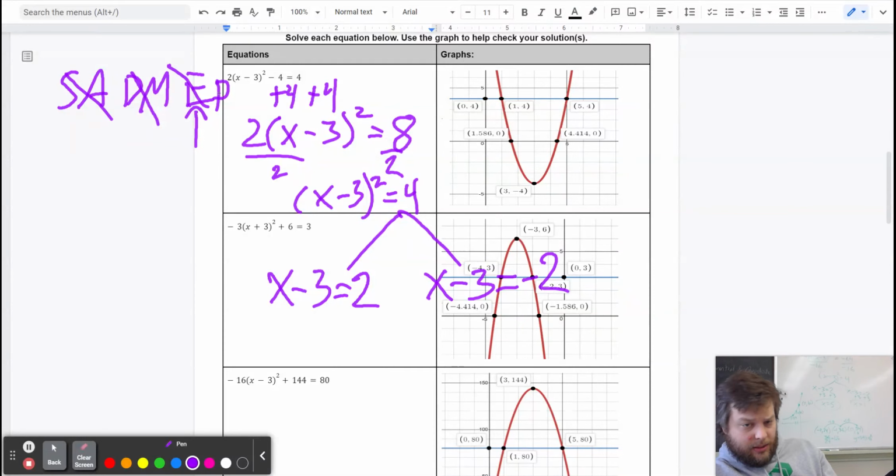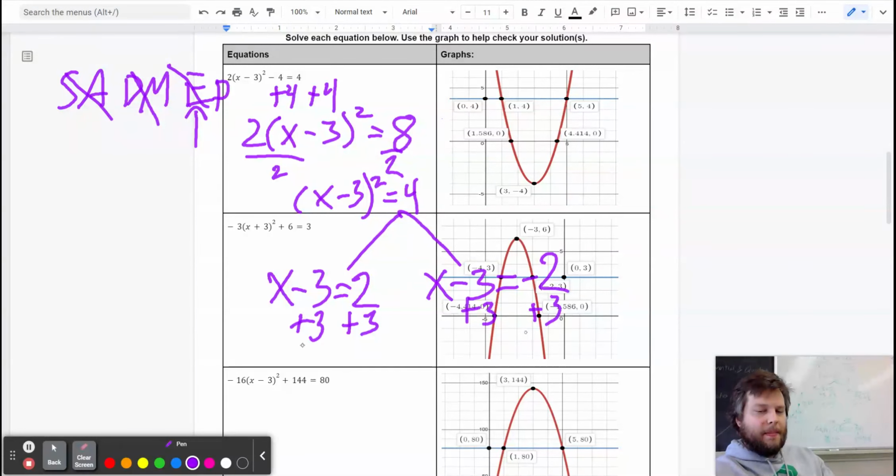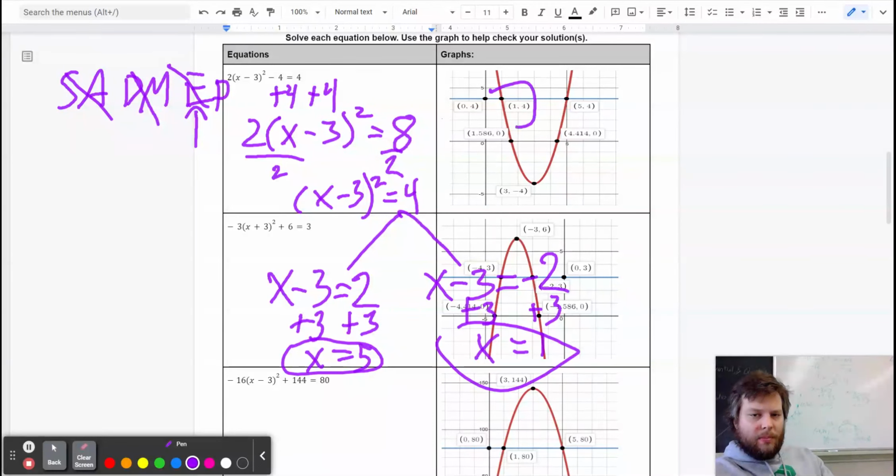And so the parentheses equal positive 2 or the parentheses equal negative 2. And the way you deal with the parentheses is by doing plus 3 on each side like that. So that leaves me with x is equal to 5 and x is equal to 1, which again are the points of intersection between the line and the graph.